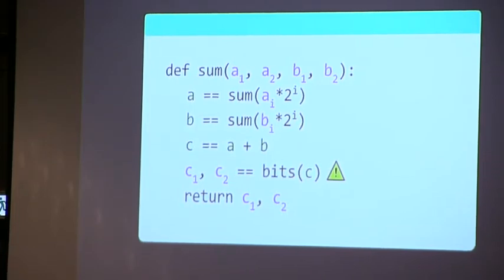Second line, we do the same for B. At the third line, we add A and B to find C. This is very, very efficient. It's only one constraint because it's for field elements. And finally, we take C1 and C2 and assign that to the bit representation of C, right? And return that. So that sounds better.